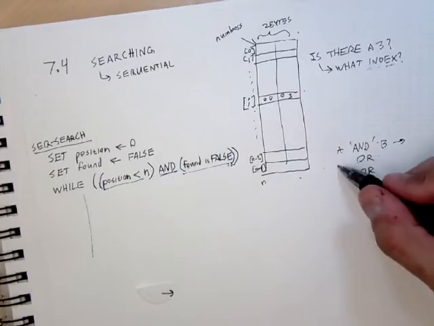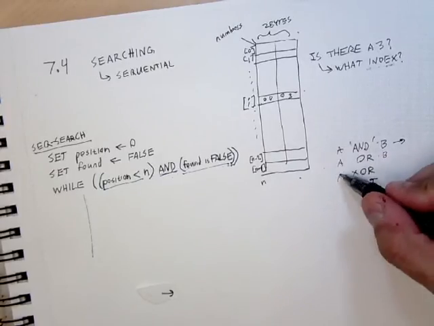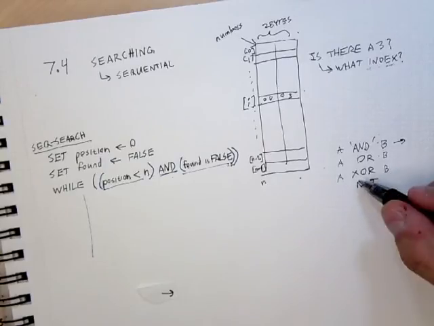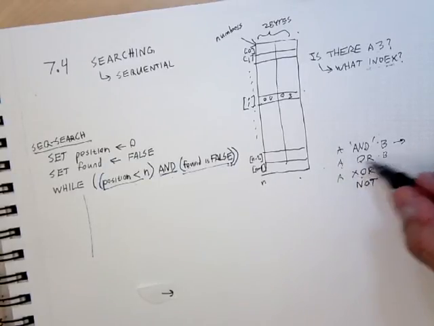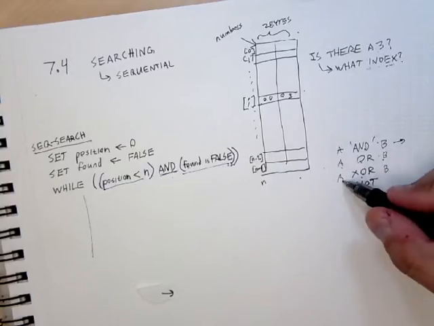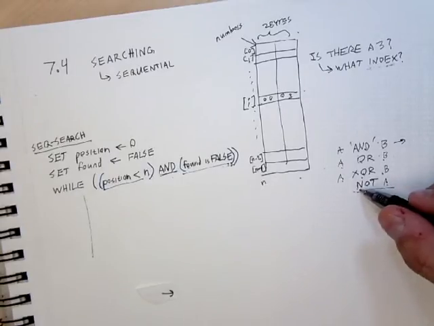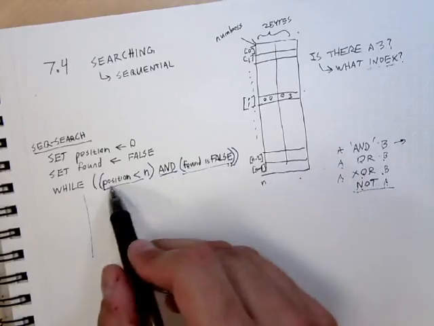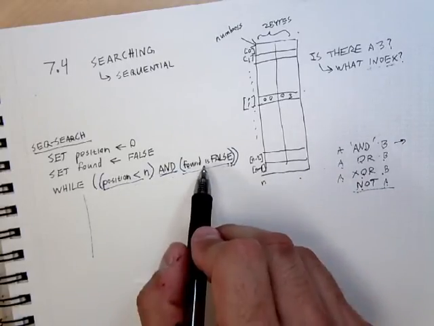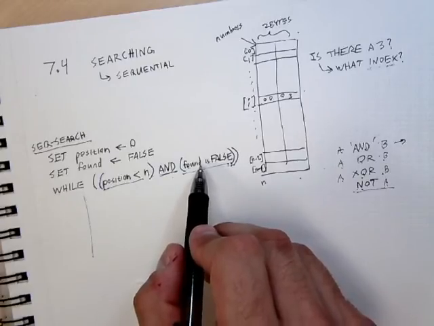So A or B, A and B. A exclusive or B is what we usually mean in English. So this is A or B or both, and this is A or B but not both. And then not A. So not A takes whatever the truth value of A and returns the opposite. So if A is true, this is false. I guess it would be a fun challenge to see if you could rewrite this condition to be maybe 1 word shorter.